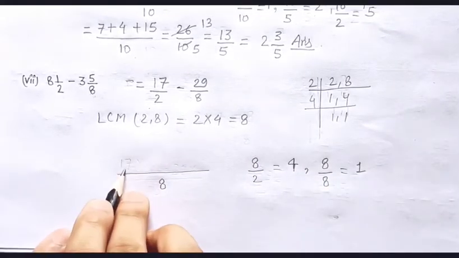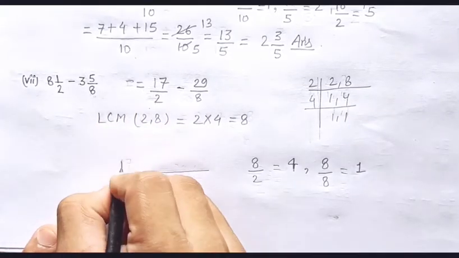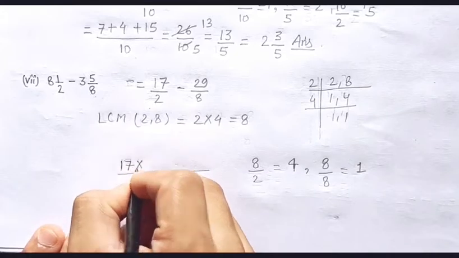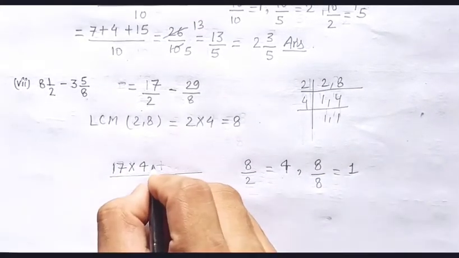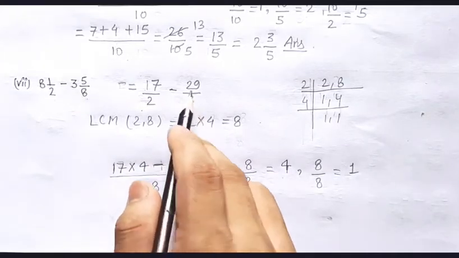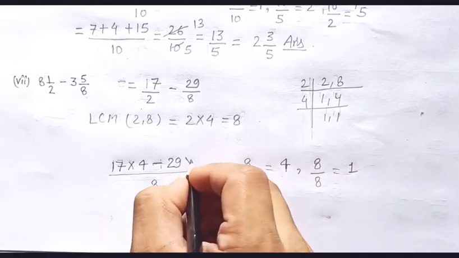So in the numerator we don't put the same 17, we put 17 into the respective quotient, that is 4, minus 29 into the respective quotient, that is 1.